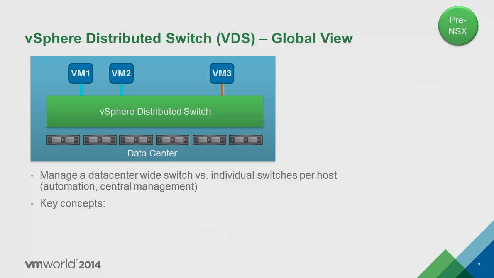So the VDS, the vSphere distributed switch, I would like to mention, of course, that it is not a new functionality of NSX. It's been there for a while. And by the way, we put a little sticker on the top right of the slide when we're talking about something that is not really related to NSX. So the VDS, again, has been here for a while and is an enhancement over the vSphere standard switch, the VSS, in that the VSS is managed on a per host basis, whereas a VDS provides you with a simple representation of a logical switch that spans the whole network.